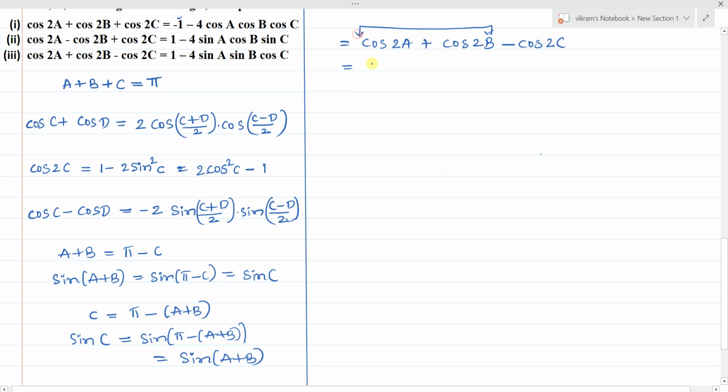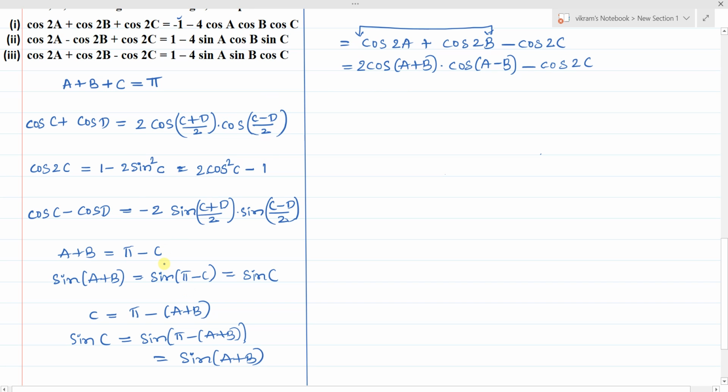From this one, we can directly write 2 cos of c plus d by 2 into cos of c minus d by 2. Directly we can write 2 cos of a plus b into cos of a minus b minus cos 2c.